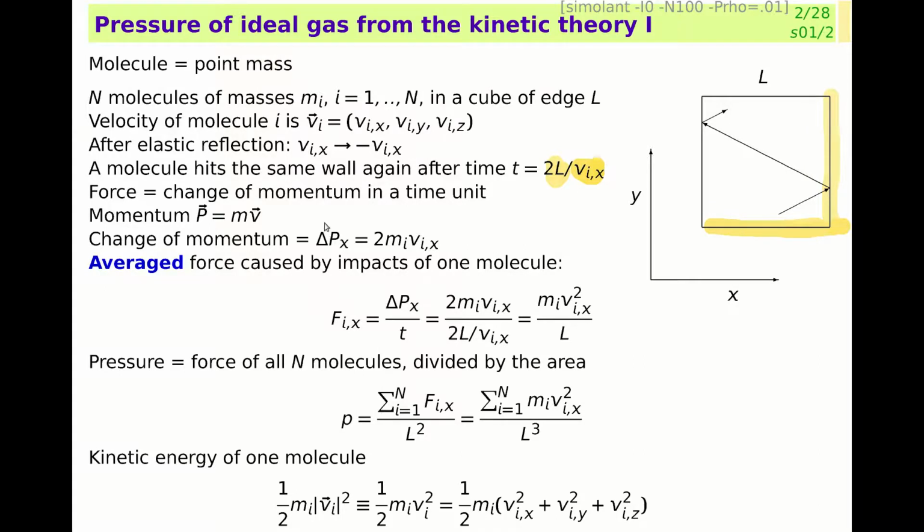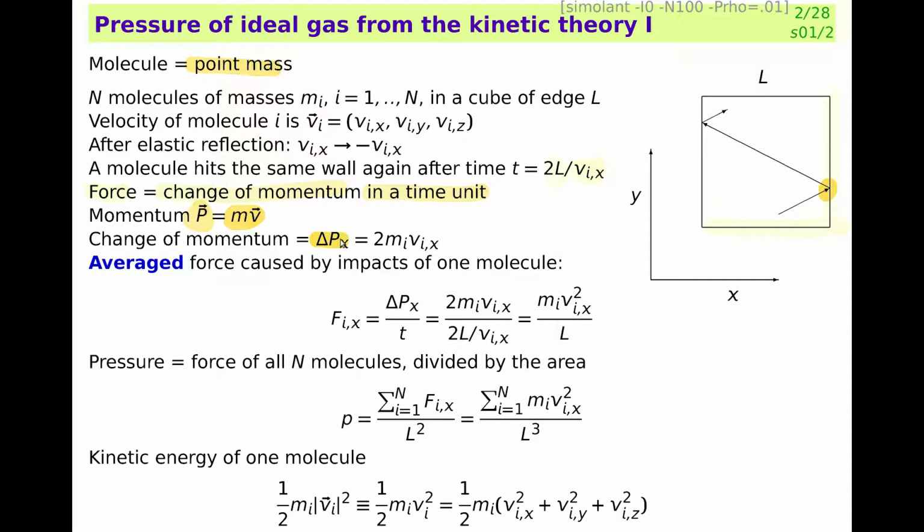Well, you perhaps remember from the course of mechanics that force can be treated as a change of momentum in a unit of time. And the momentum of a particle, it's a point mass here, is its mass times velocity. So if a particle hits a wall, it changes its momentum.